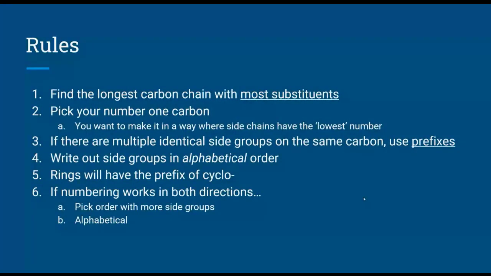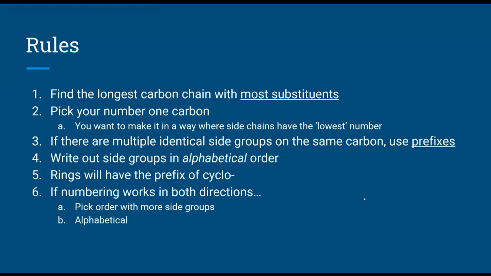So let's talk about the rules of IUPAC naming. The first thing we want to do is find the longest carbon chain with the most substituents. A lot of times you might see two carbon chains of equal length, but you're trying to maximize the number of substituents or side groups on that chain. Next, once you have this chain, you need to pick the number 1 carbon.